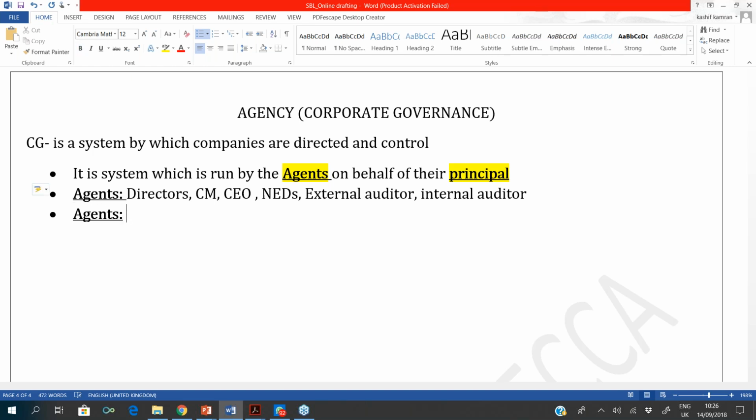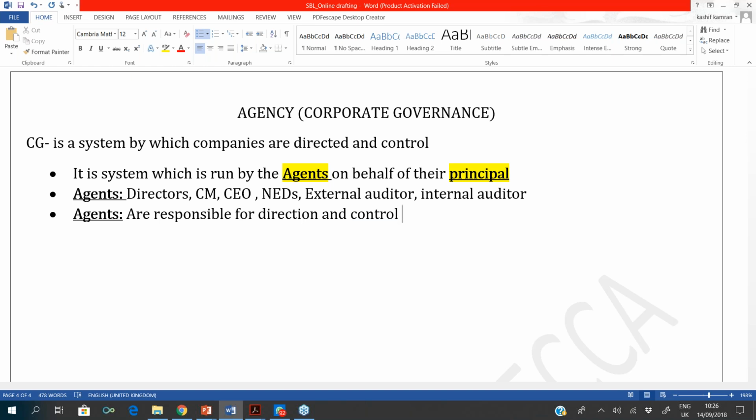Now, some of the agents are responsible for direction and control.